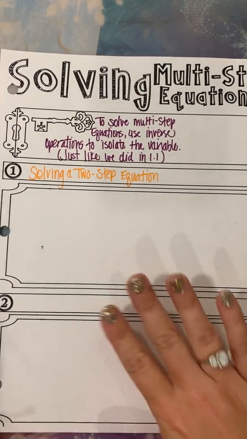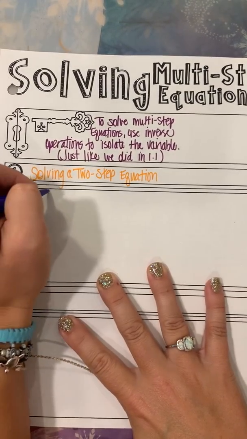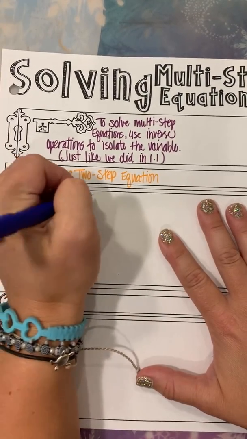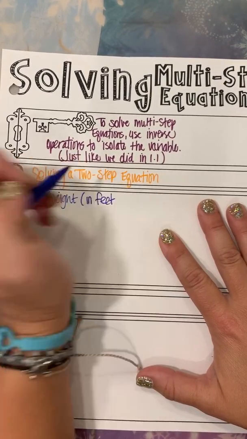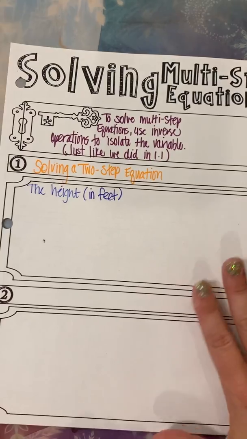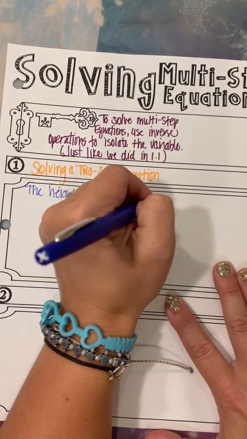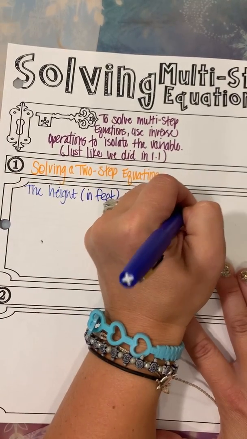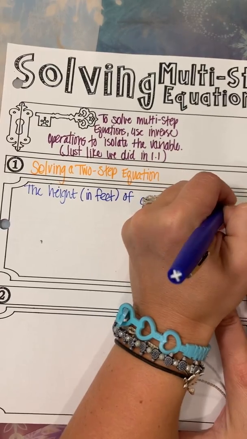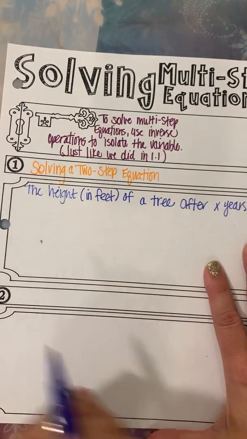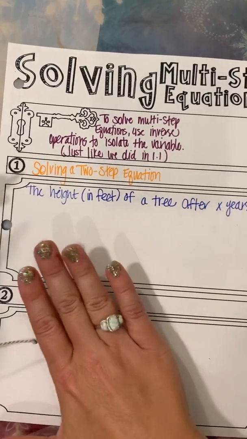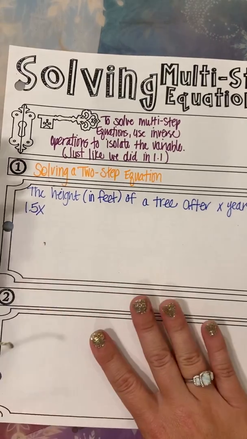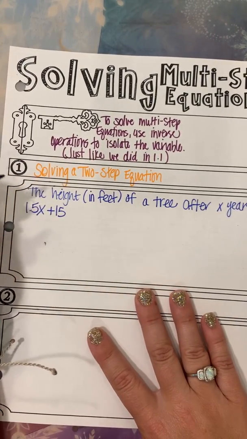So for this example, it says the height in feet of a tree after x years is 1.5x plus 15.